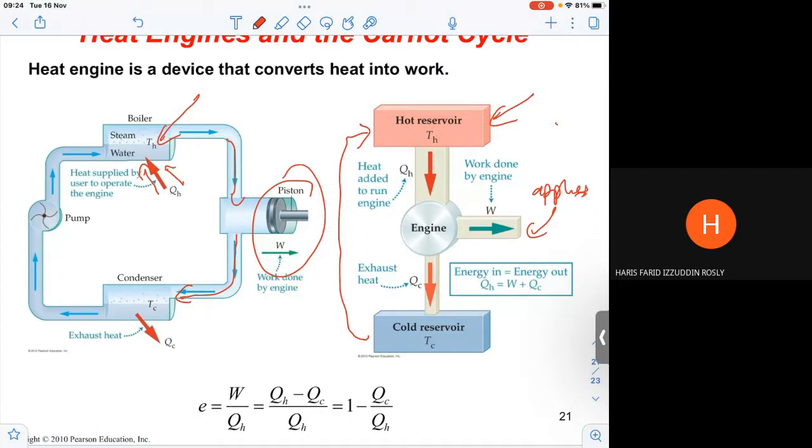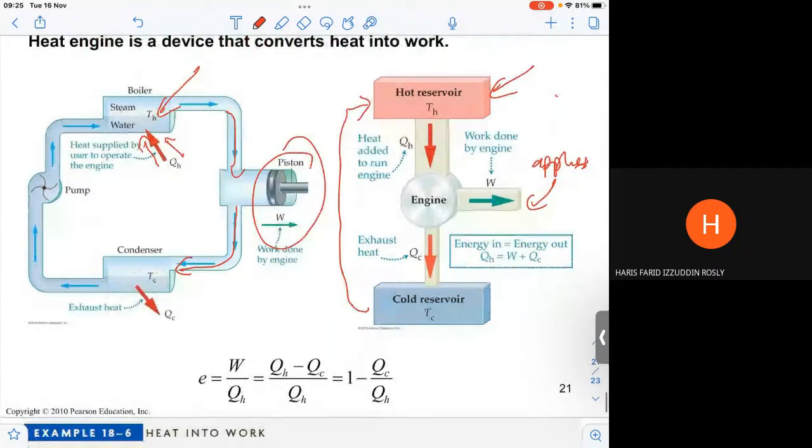Do you use everything from the hot reservoir to the cold reservoir? So you need to know the concepts here, that we need to at least see how efficient our engine is, based on the work done, based on what's left in the engine.